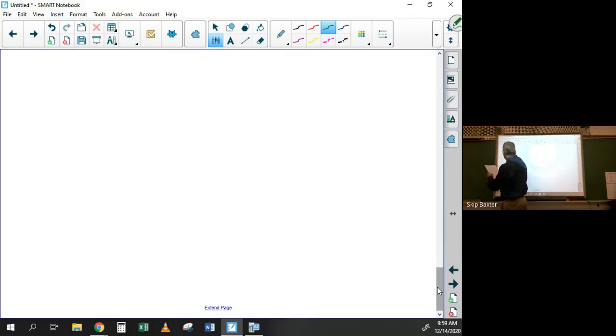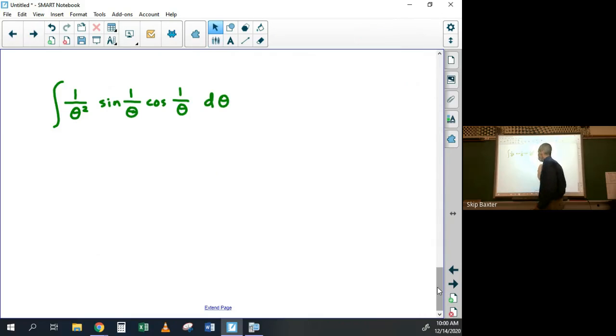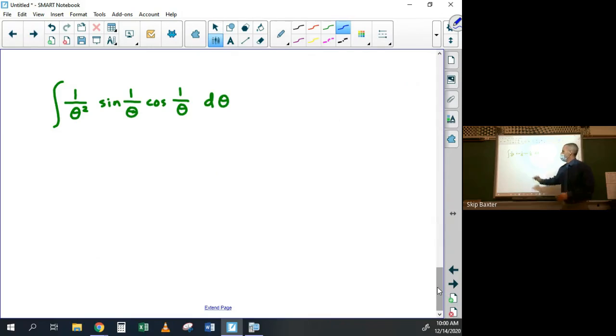The integral of 1 over theta squared sine 1 over theta cosine 1 over theta d theta. The thetas make it harder. So what do you think?